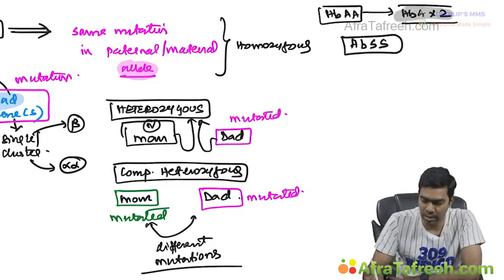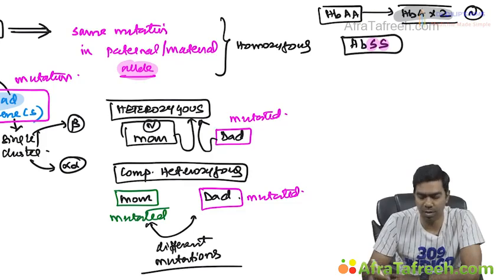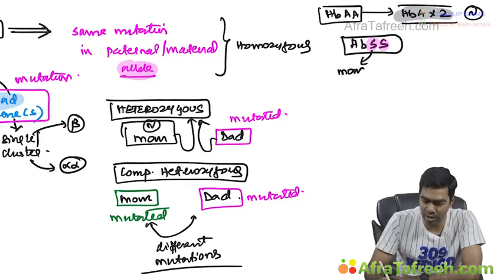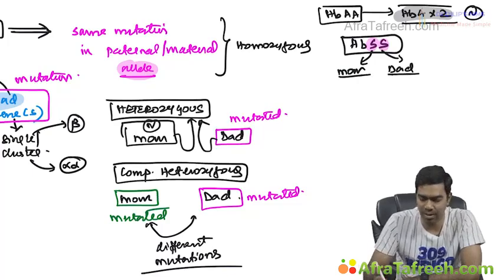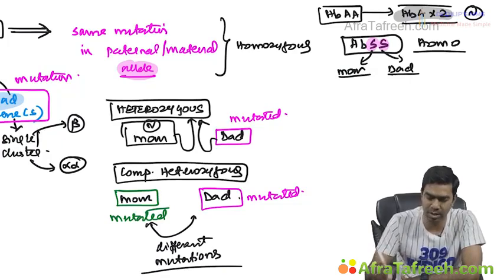This is normal. But in sickle cell disease, you might inherit a sickle gene from mom, and from dad also you might inherit a sickle gene, which means the same mutation is happening. So this is a typical example of a homozygous.